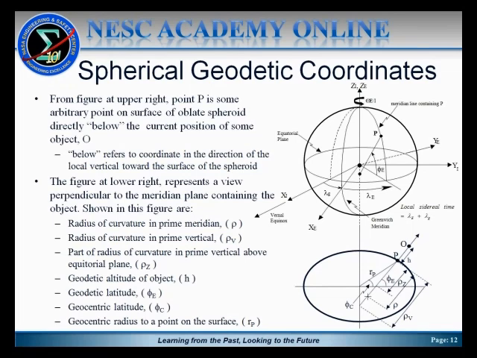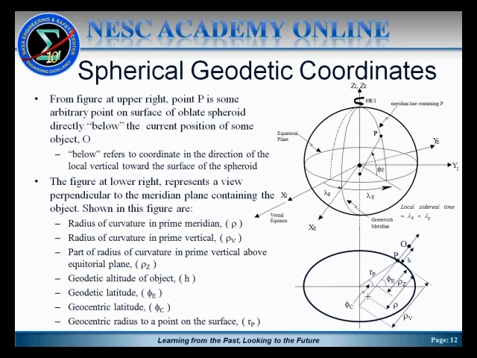As before, we have a point P that's on the surface of the oblate spheroid. We have a point O that's at altitude h above a local vertical line above point P. And that's what's defined as a geodetic altitude. That's the altitude above the surface of the oblate spheroid in a direction normal to the surface at that point P.